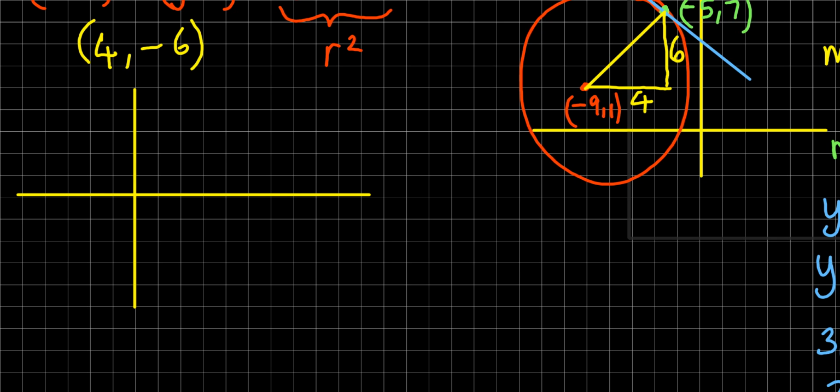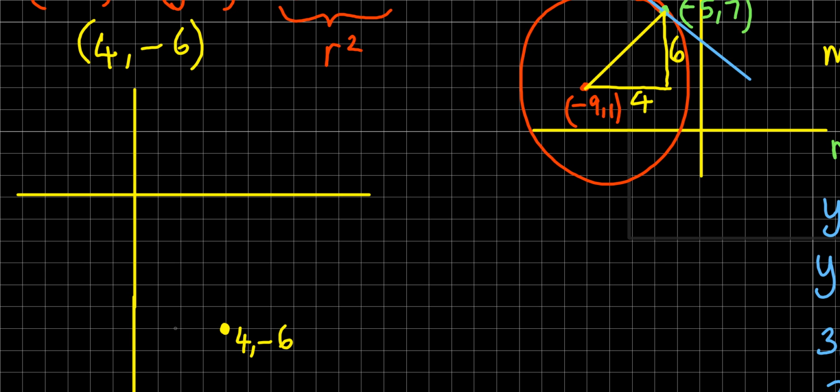Now because it lies entirely in the fourth quadrant, this circle cannot have a radius bigger than 4.